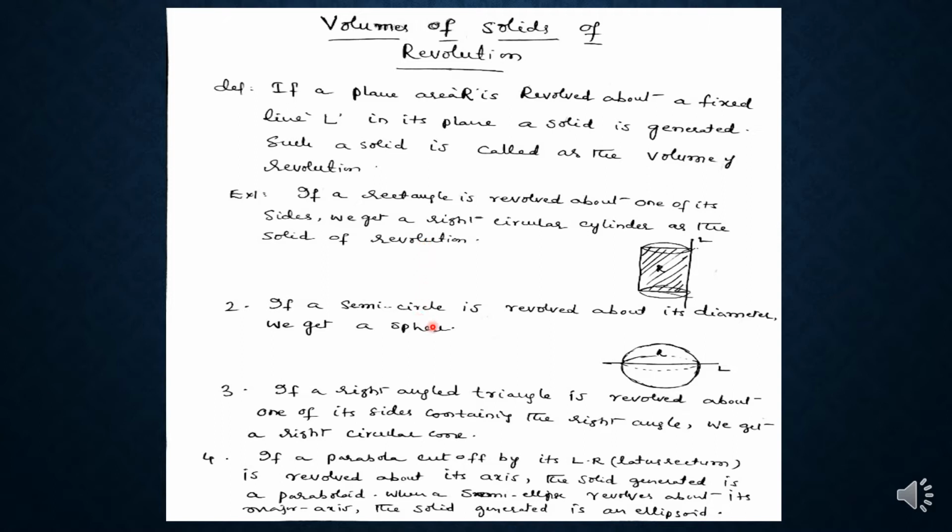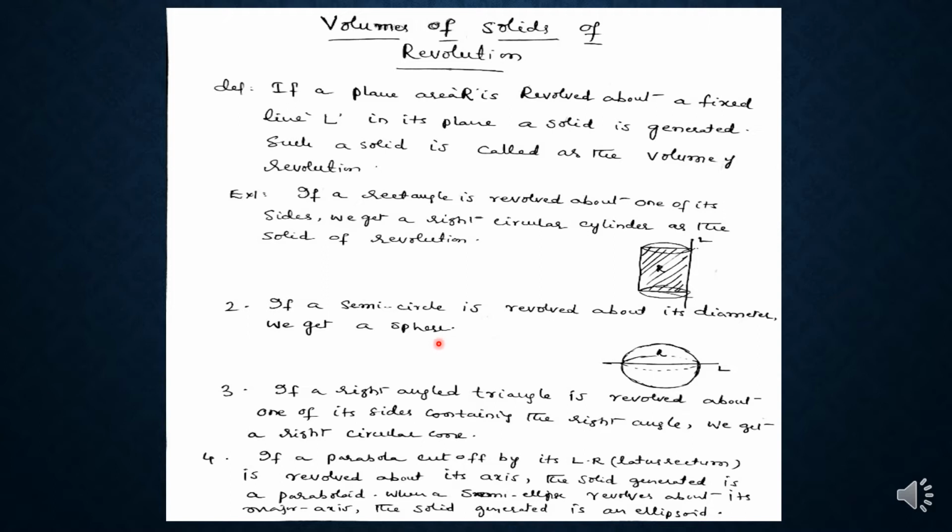And if a semicircle is revolved about its diameter, we can imagine a sphere. Such types of solids are called solids of revolution. If a right angle triangle is revolved about one of its sides containing the right angle, we get a right circular cone. Thus we are getting the solids by rotating the area about its axis.